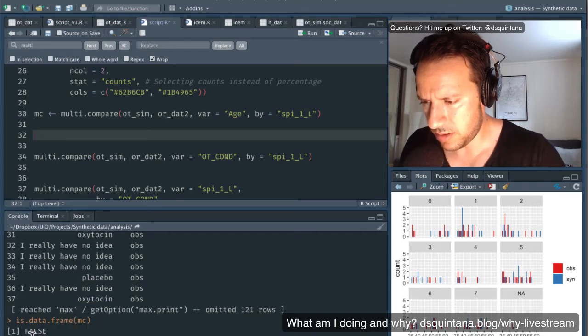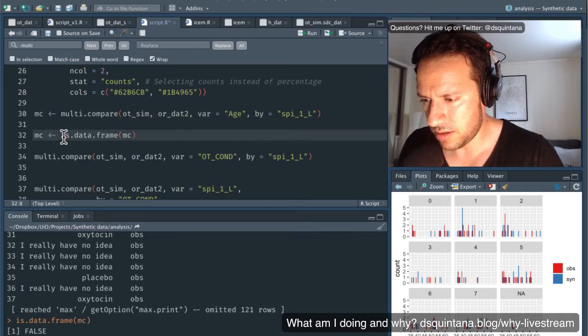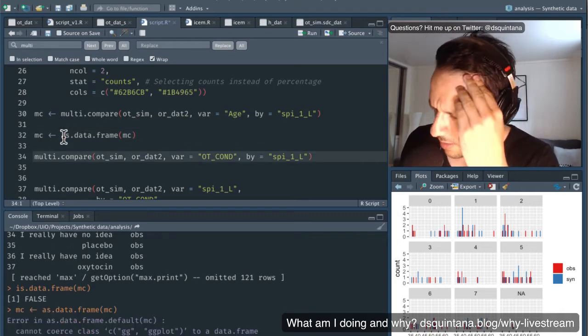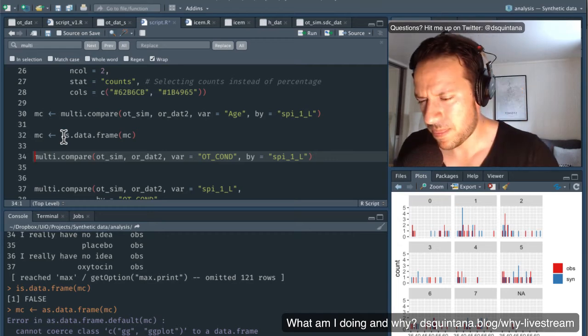Is it a data frame? It is not a data frame. Let's make it a data frame. Is that going to work? Probably not. Nope. Okay. Got it.